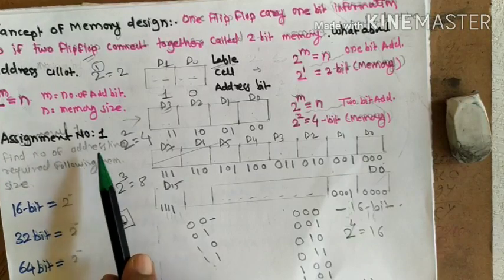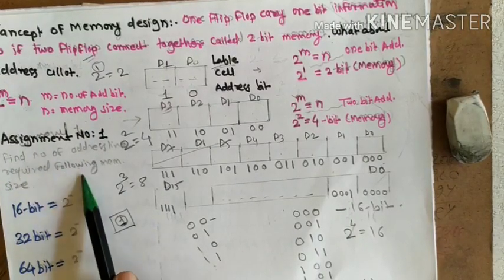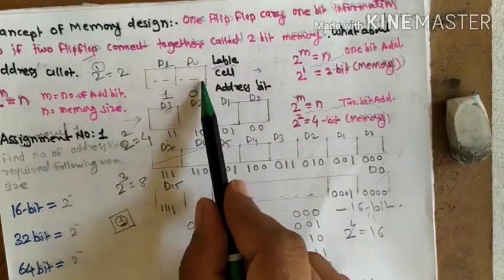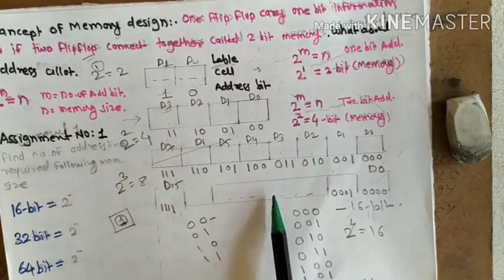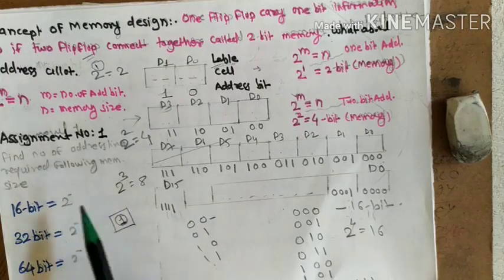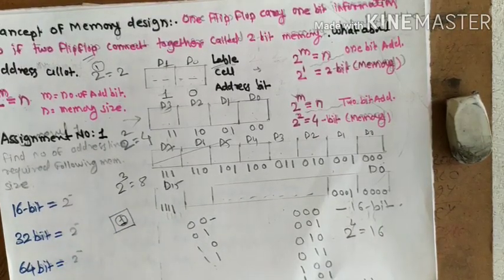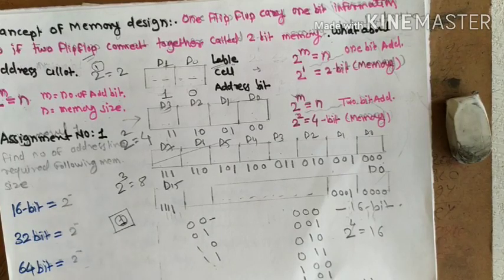Find the number of address lines required for the following memory sizes. We already solved 2 bit, 4 bit, 8 bit and 16 bit. So you have to solve 16 bit, 32 bit, 64 bit, 128 bit and 256 memory size.